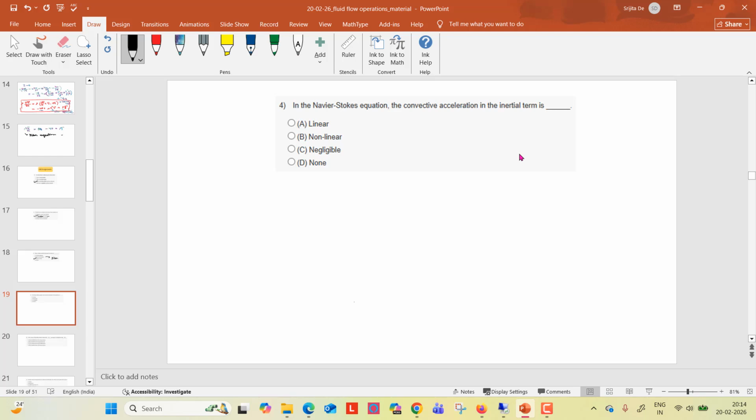So this Navier-Stokes equation is a partial differential equation. Non-linear. This is also non-linear. This is partial differential equation.